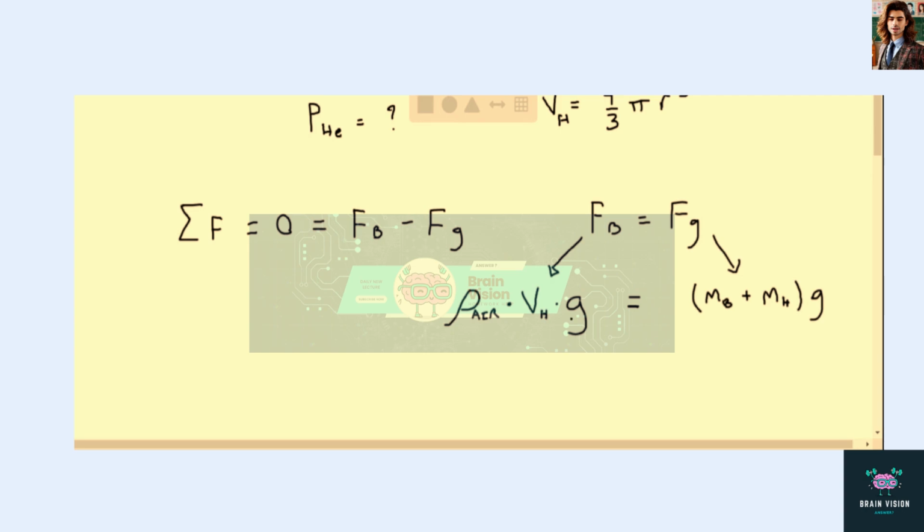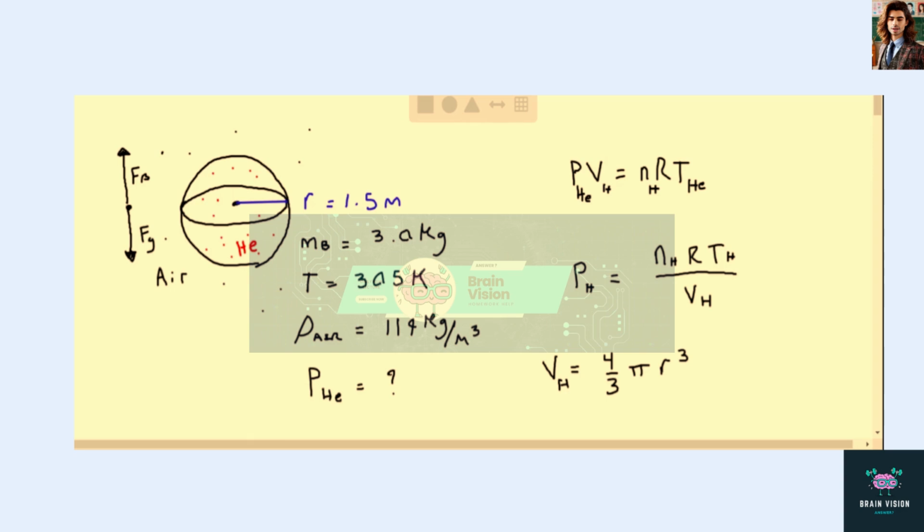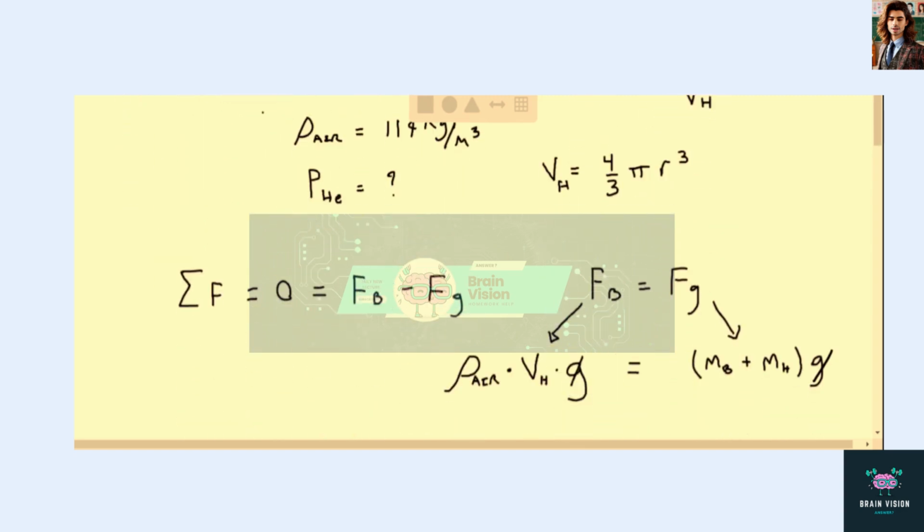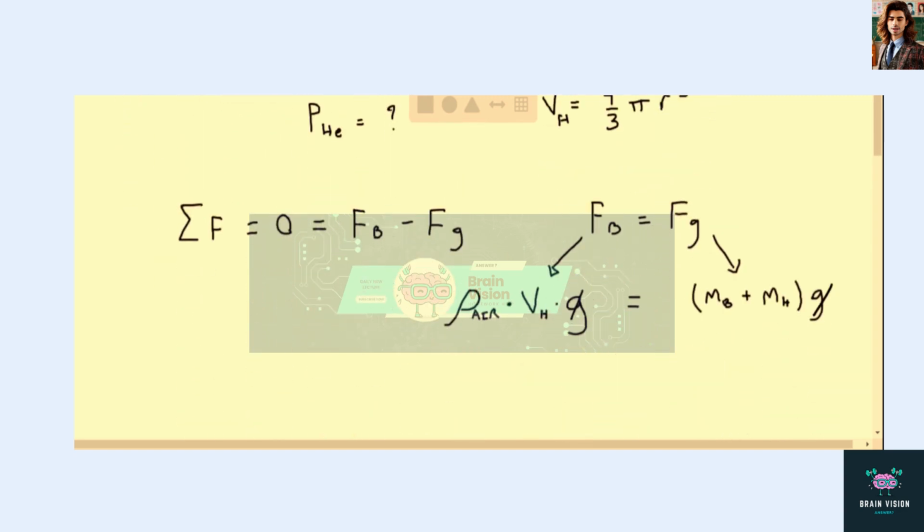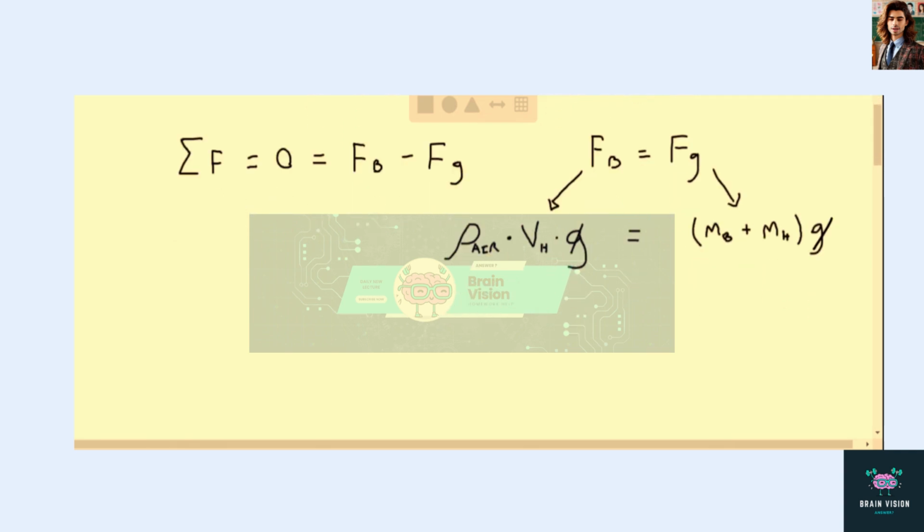So we can see that we have a g on both sides of this equation, so it cancels out. And what are we left with? The mass of the balloon is a known. The mass of the helium is an unknown, in the same way that we don't know the number of moles. The density of the air is known, and the volume is known. Okay, so we only have one unknown here, the mass of the helium.